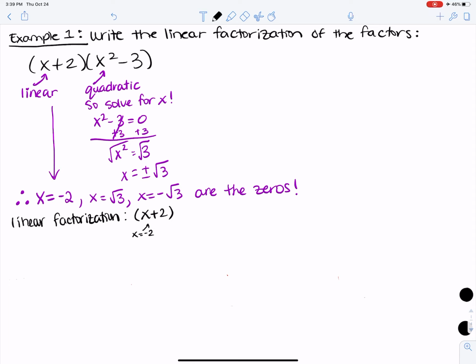And then for the x equals the square root of 3, that's x minus square root of 3, because it always turns opposite. And for the x equals negative square root of 3, that is x plus square root of 3. And that is our complete linear factorization.